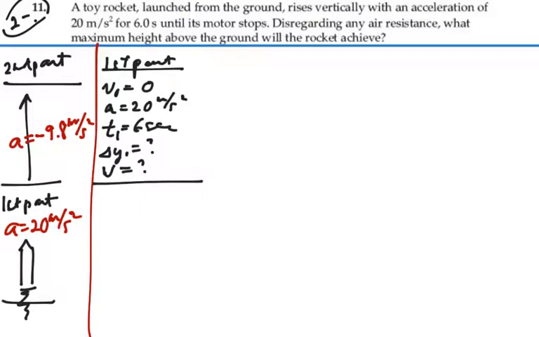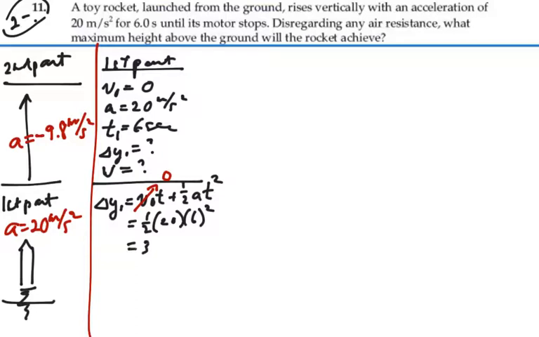So we know that displacement delta y1 should equal our initial velocity times time plus 1/2 acceleration times time squared, initial velocity being, in this case, 0 because it started from rest. So this is equal to 1/2 times 20 times 6 seconds squared. That would be 10 times 36, or 360 meters. That will be our delta y1.